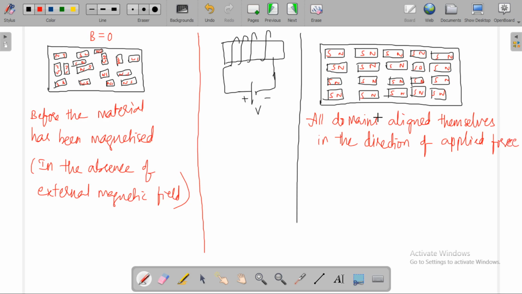This is the situation after the metal has been magnetized.